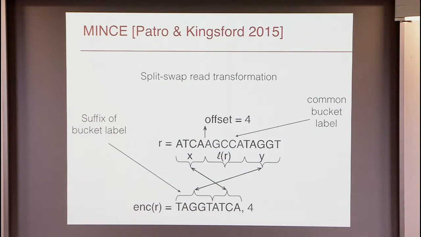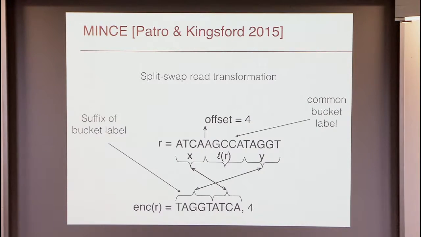Yeah. How are the bucket labels chosen? Are they chosen to be something that's common in the sequence? So they're chosen, I didn't go into the algorithm. It's covered well in the paper, but basically, ties are broken according to lexicographic ordering. So we're going to choose early, smaller buckets first.